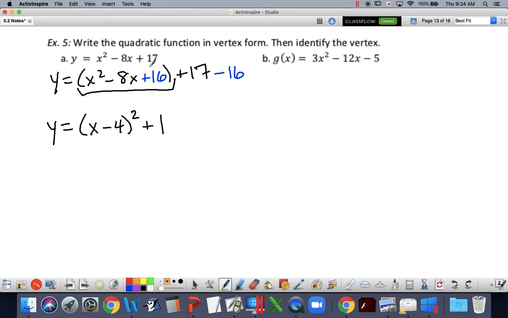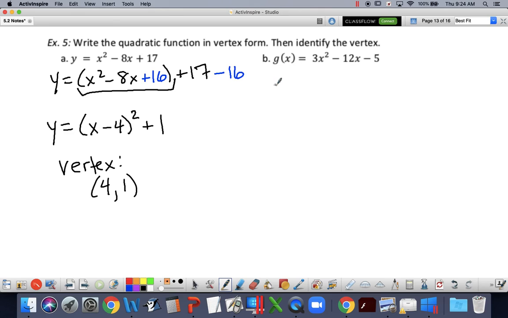Well, the more you do this, the more you will be able to shortcut it quite a bit, especially if you leave some space in your function as you write it out. For my vertex, I take the opposite value of what's with my x, and then what's at the end. So my vertex is at 4, 1.